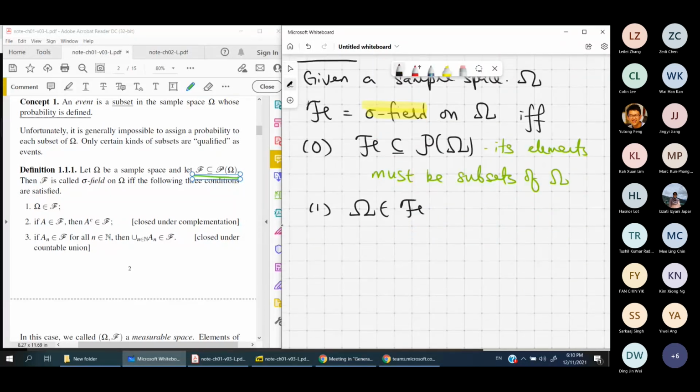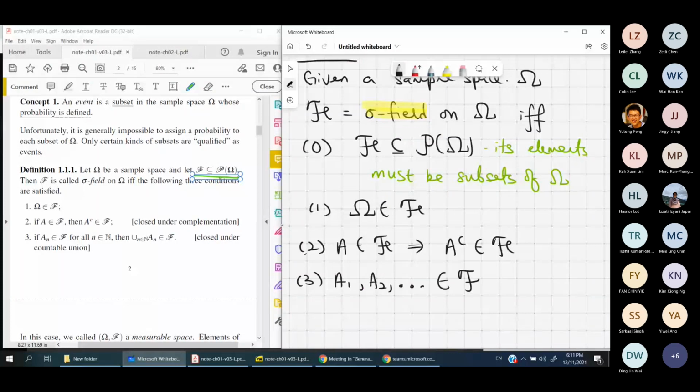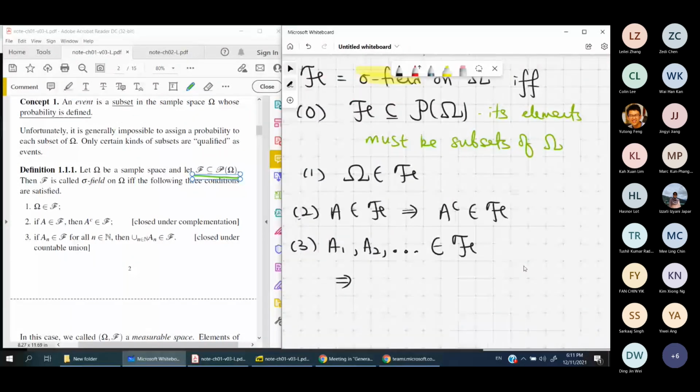Then we come to the second one, number 2. If A is an event, then its complement must be an event. And number 3. Supposing we have a sequence of events, A1, A2, and so on, then the countable union of all these must be an event.